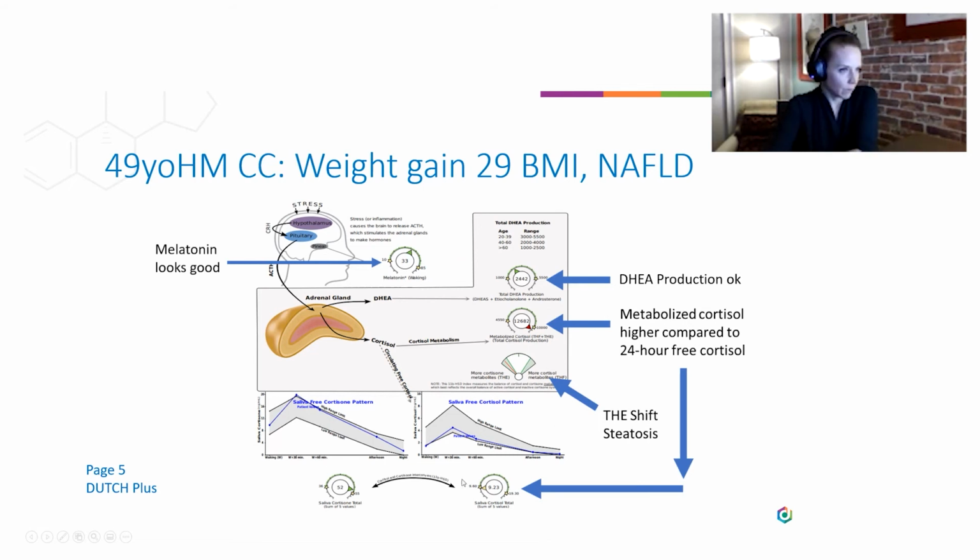But I do want to point out the difference between the salivary free cortisol and the free cortisone. And this is very much consistent with patients using lisinopril. The reason is that free cortisol and free cortisone, or at least the free cortisone in saliva, is formed in the salivary gland, which is lined with mineralocorticoid receptors.